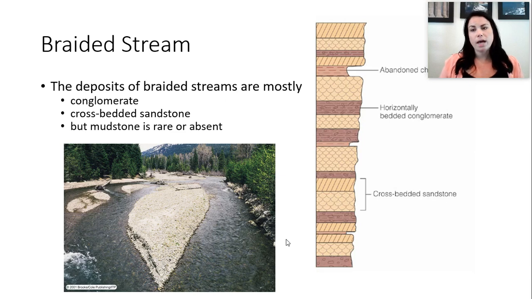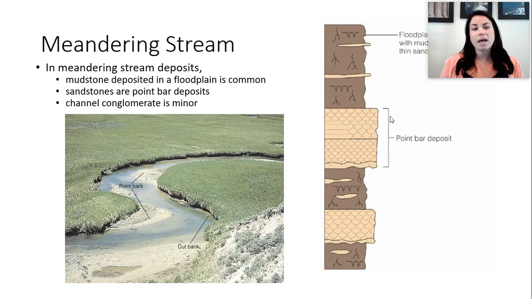If we were to look at a cross-section of a braided stream, we would see these types of features of cross-bedded sandstone. We see some conglomerates, but not a lot of mudstones. Now, a meandering stream has a lot of mudstones. We see things like point bars, and we don't see a lot of things like conglomerates.